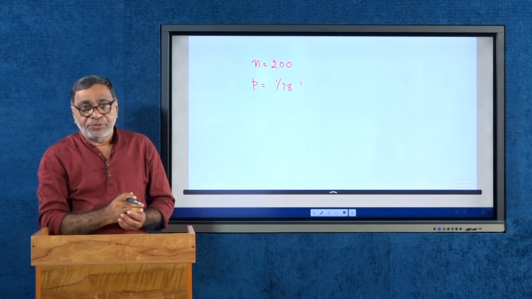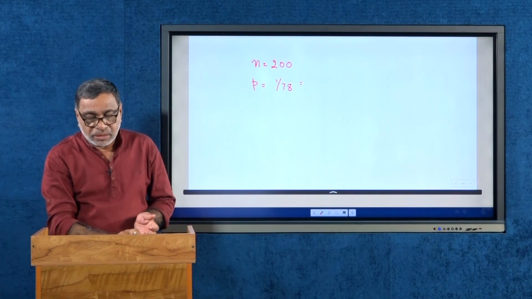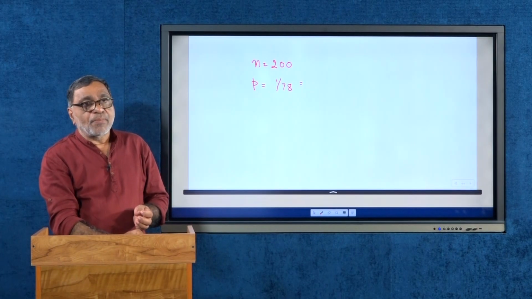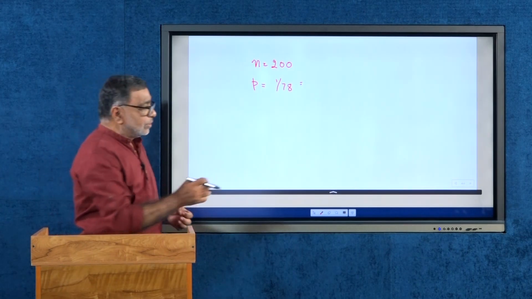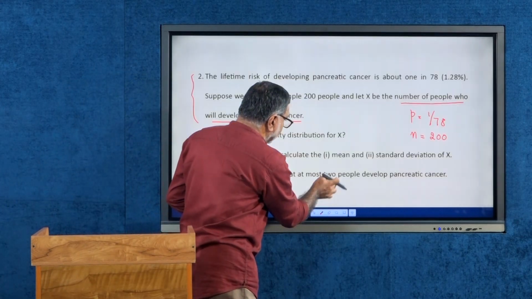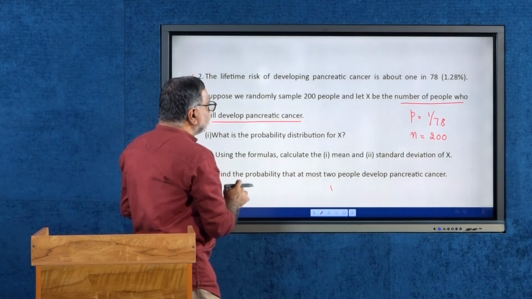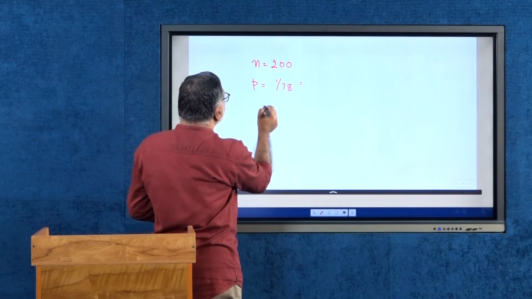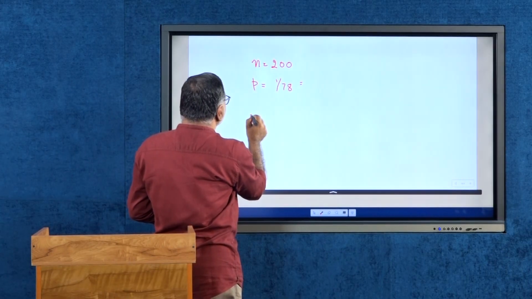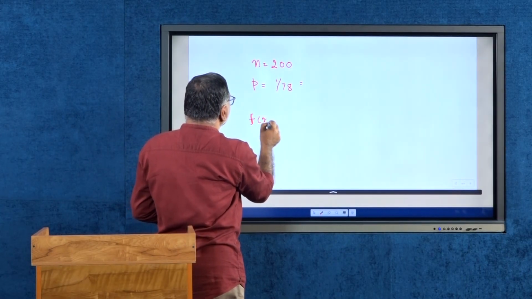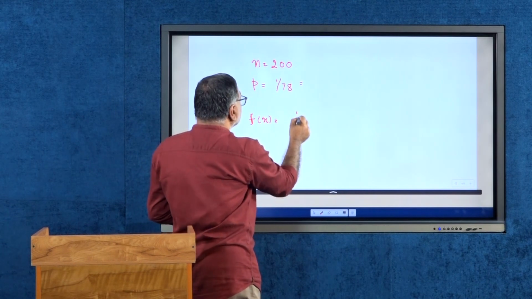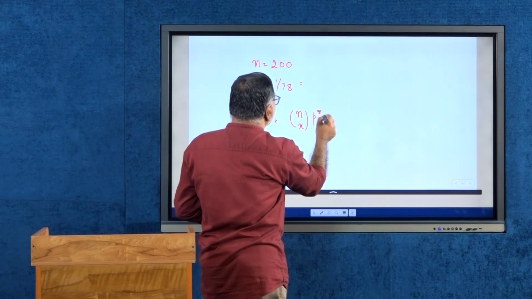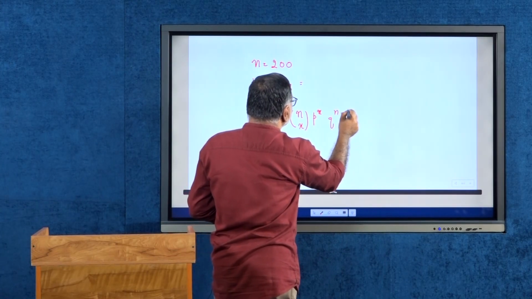So the probability distribution of x is f(x) equal to nCx p^x q^(n-x).